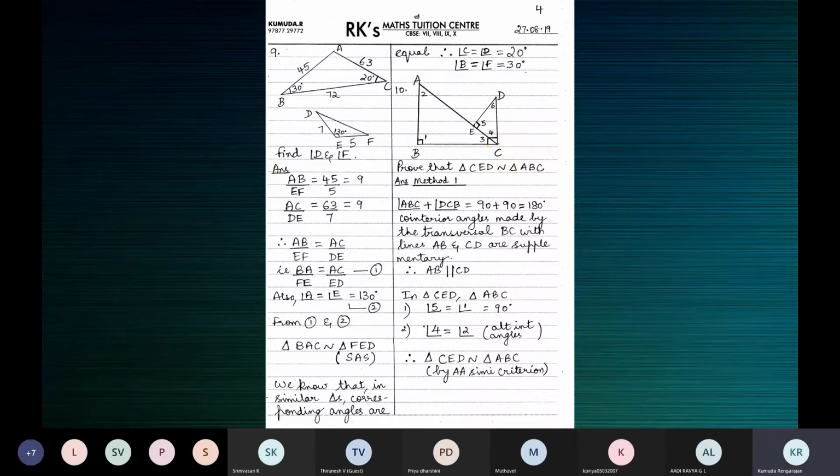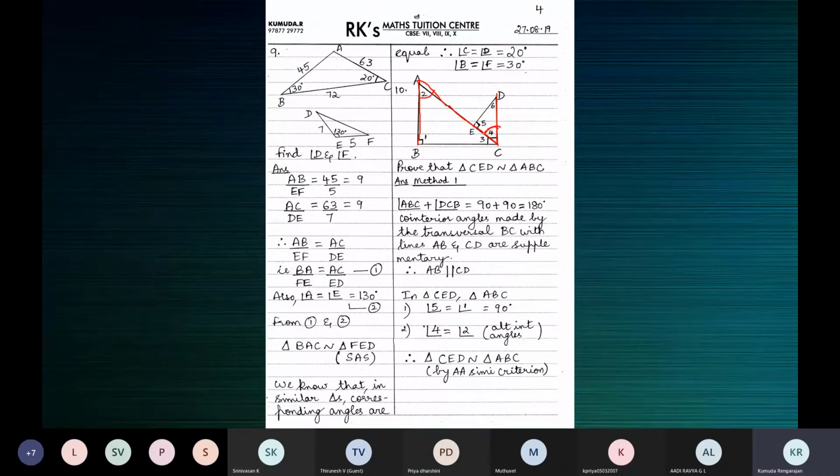See here. Now that we have proved that these two lines are parallel lines, with a transversal, alternate interior angles are equal. So angle 4 of the small triangle CED is equal to angle 2 of the big triangle ABC.